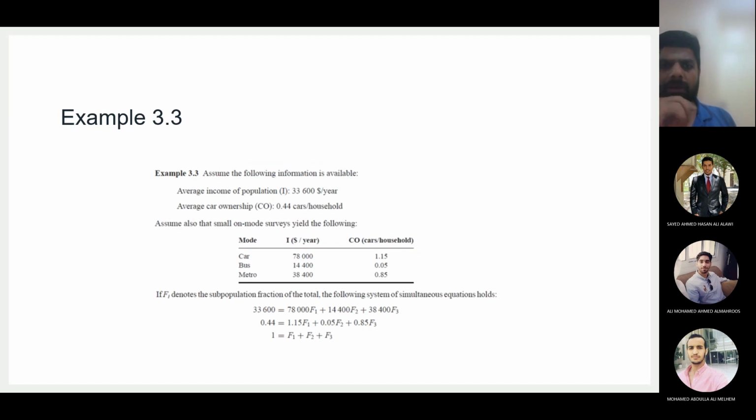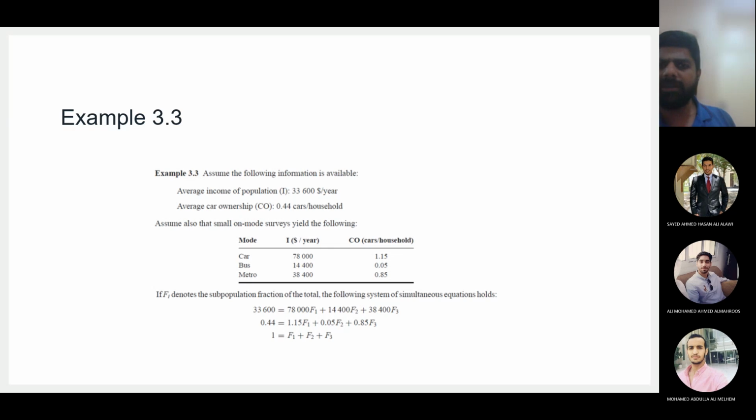Okay, so they have collected a short sample for each mode. And in that short sample they found that the average income of the population is $33,600 per year. Average car ownership is 0.44 cars per household.